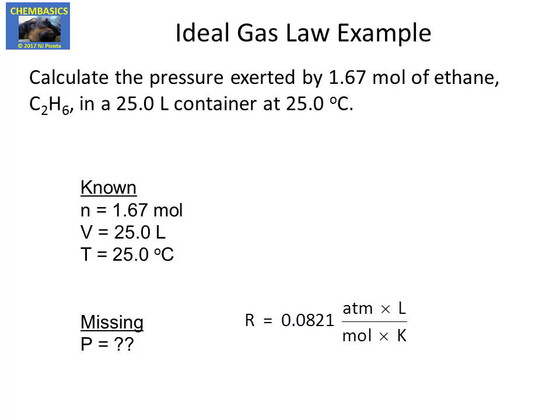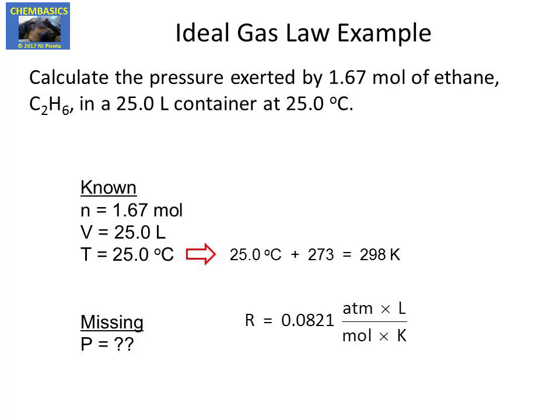In order to solve this problem, the first thing we have to do is make a change from degrees C to degrees Kelvin. We simply need a conversion factor for going from degrees centigrade to degrees Kelvin, and it's very simple. You simply add 273 to the value in degrees C, and you get degrees K, and that turns out to be 298.